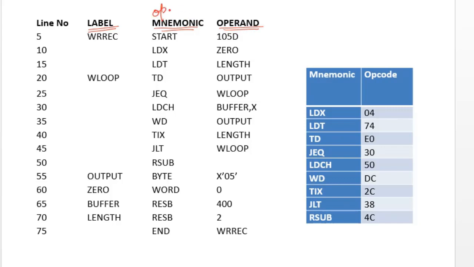This is the operation that we are intended to perform on what value. Normally this operand will be memory resident. Operand is residing in memory. Okay.